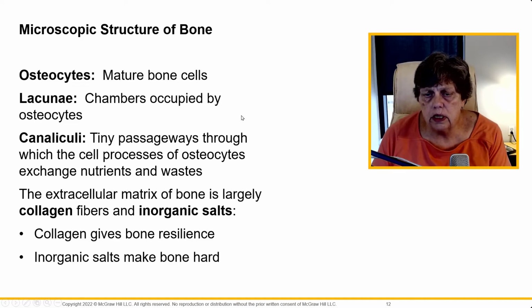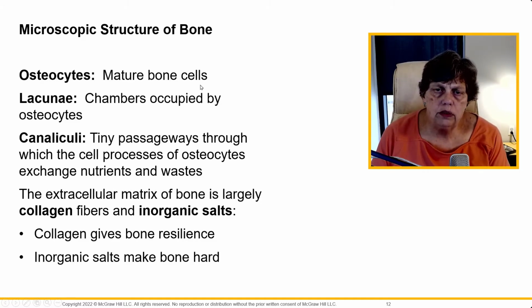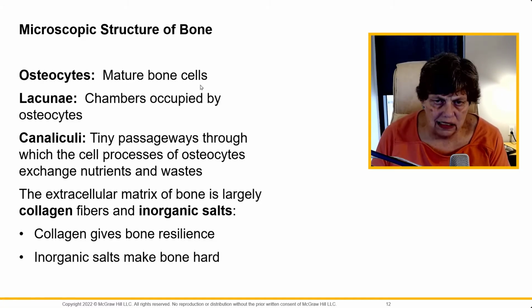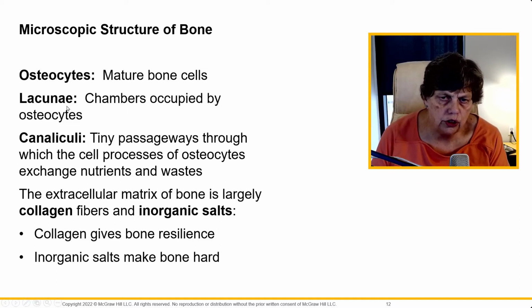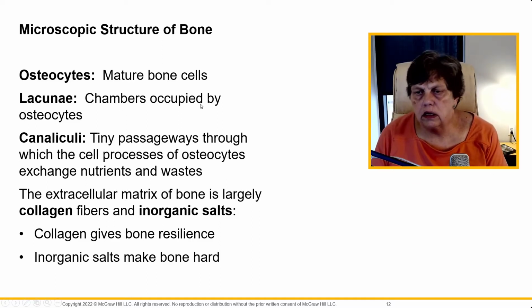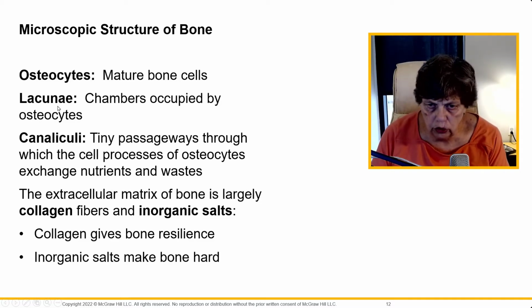We'll be taking a look at that in a second in a picture. But you have, first of all, the bone cells, osteocytes. Okay, and as we said before, when we looked at the bone tissue, they occupy this little pocket, if you will, this little chamber called a lacuna.